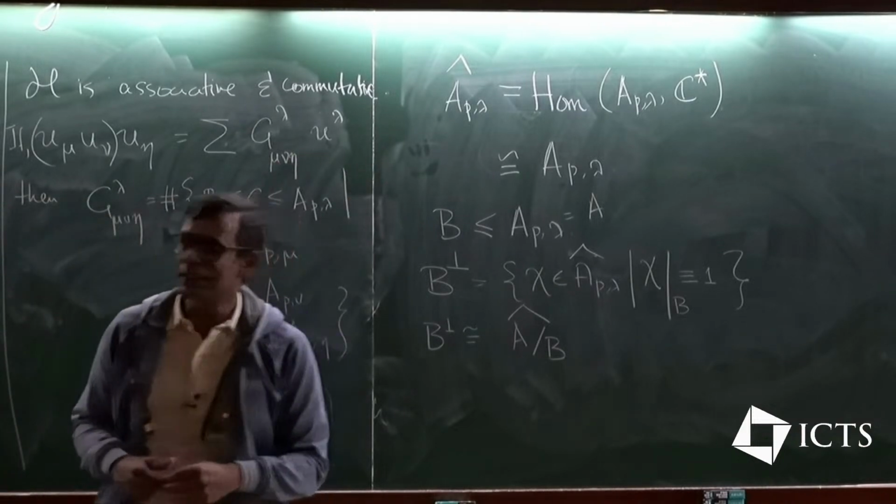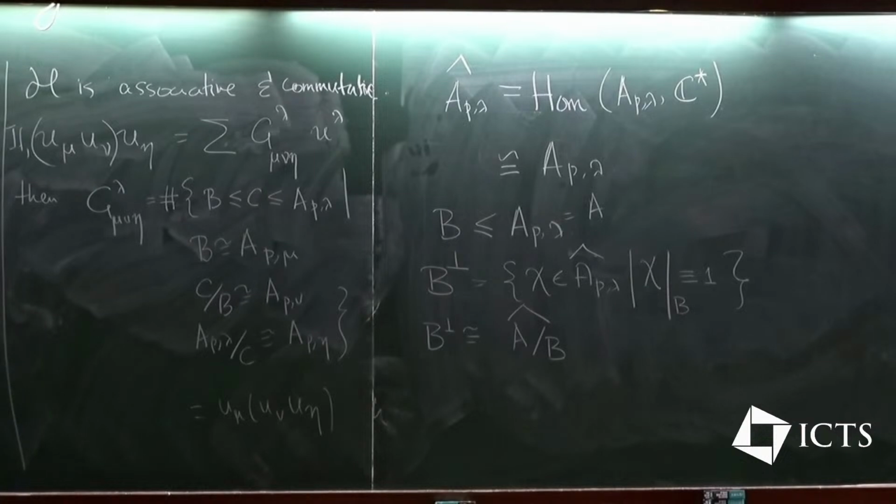So what it's saying is that you can interchange mu and nu here by replacing this group by its Pontryagin dual, which is anyway isomorphic to the group, and replacing this by the annihilator.